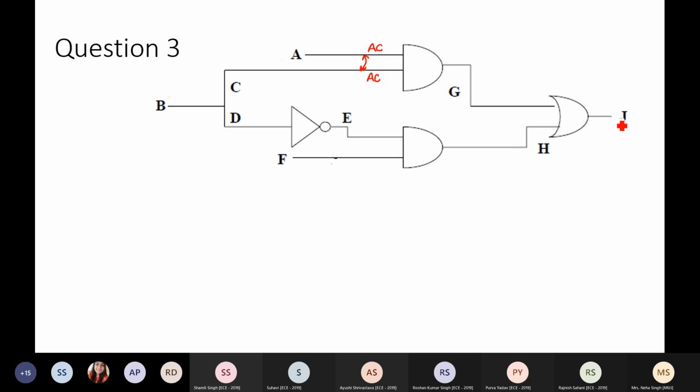The second time, find the faulty value of J by considering the input as AC here. Find out what J is.